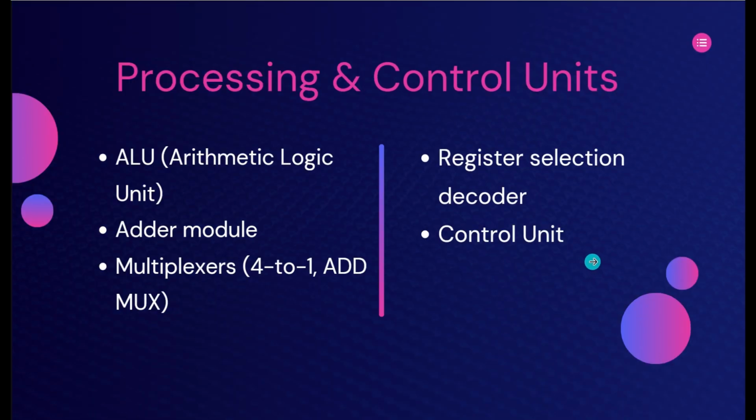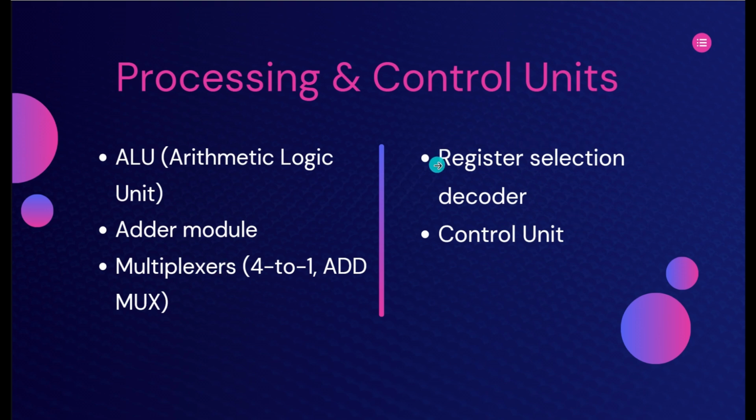Next are the processing and control units. The ALU, or arithmetic logic unit, performs arithmetic and logical operations. The adder module carries out binary addition and supports arithmetic calculations, and the multiplexer selects the correct data input before it is processed by the CPU.